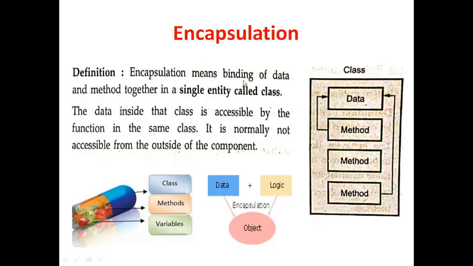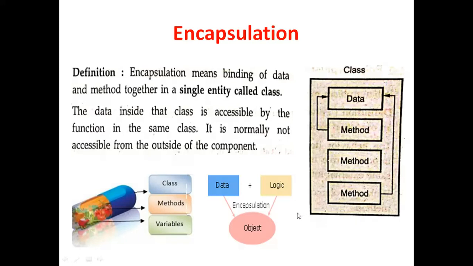Encapsulation means binding of data and methods together in a single entity called a class. Here I have used the word method, which is very similar to a function. You can say method or function; both of them are the same.